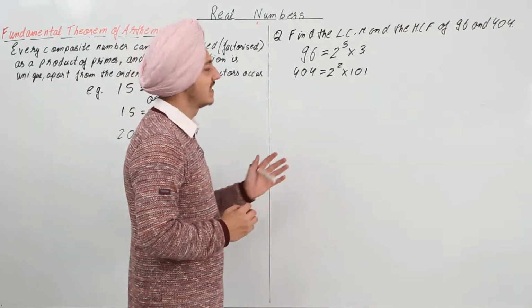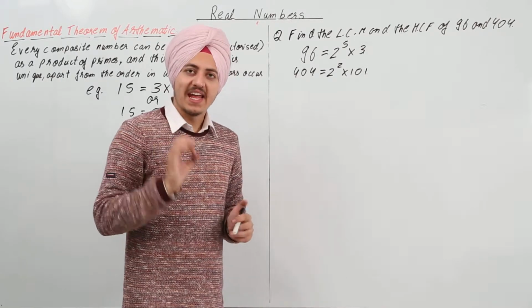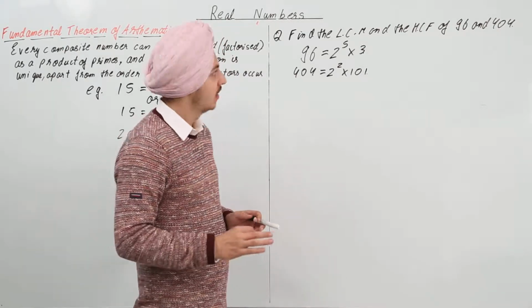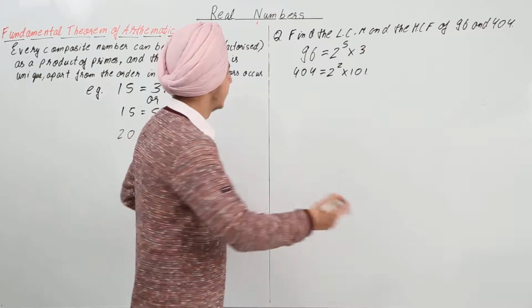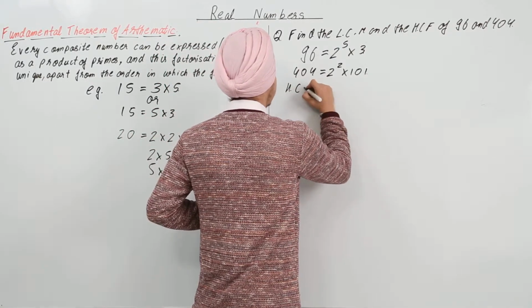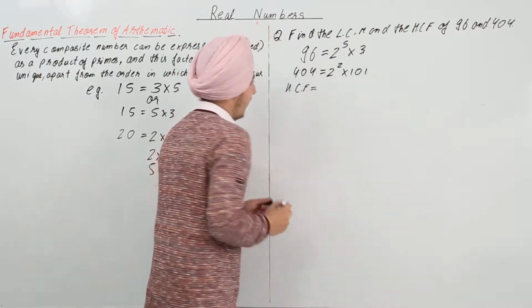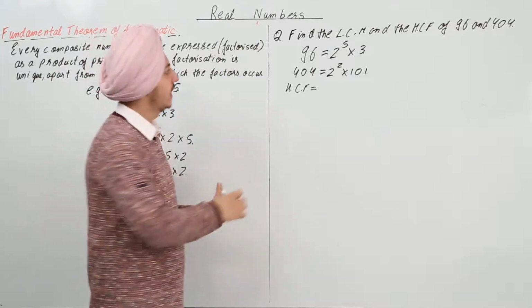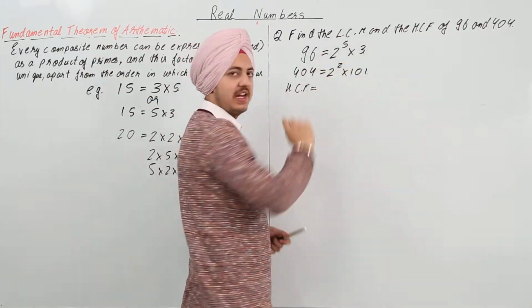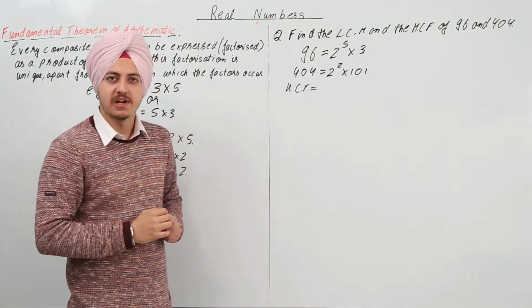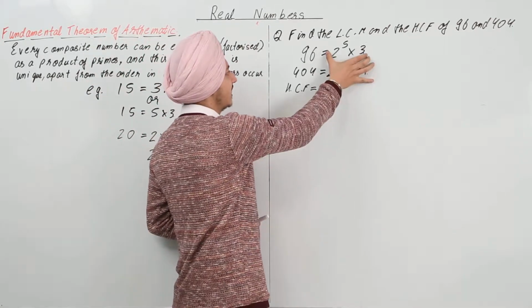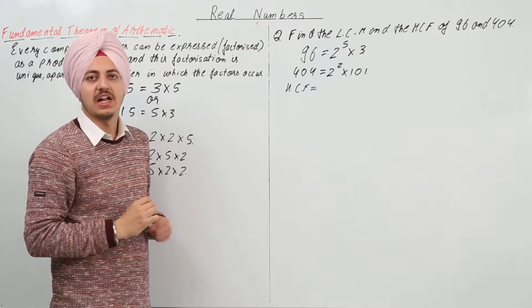Now how do we find the LCM and the HCF? First I'll tell you how to find the HCF. To find the HCF, the common part in these factors is the HCF. So tell me what is the common part in this. If you take this and this, what is the common part that will come out?